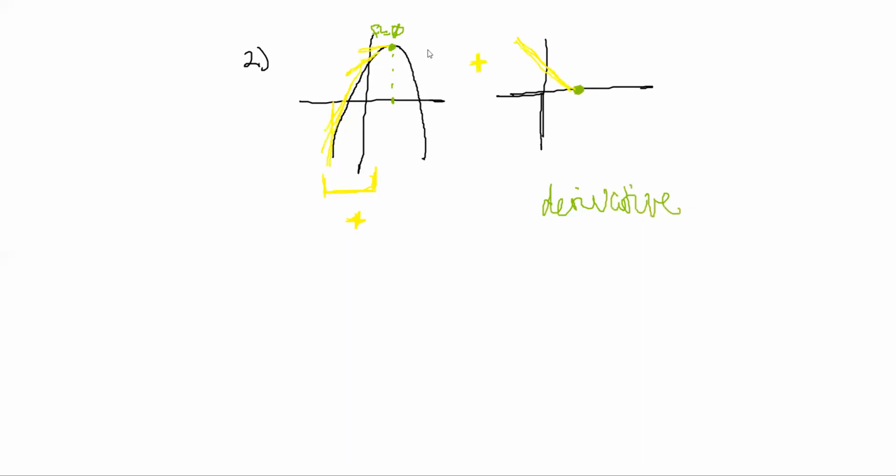Then I'm going to go one step over here, and I'm going to say this is negative. And it starts off kind of like small negative, and then it gets very negative. So this is my negative region. So basically what it's saying is that the numerical value of whatever this derivative is going to correspond to whatever the y value is on this graph.